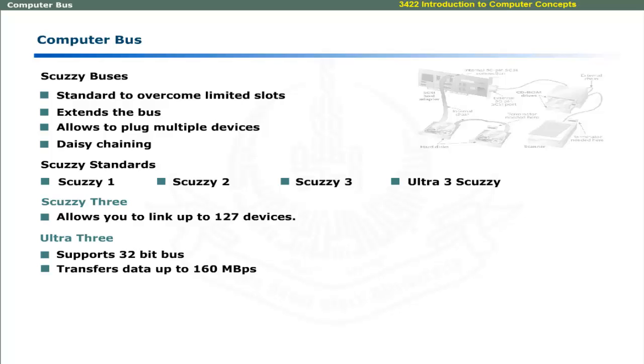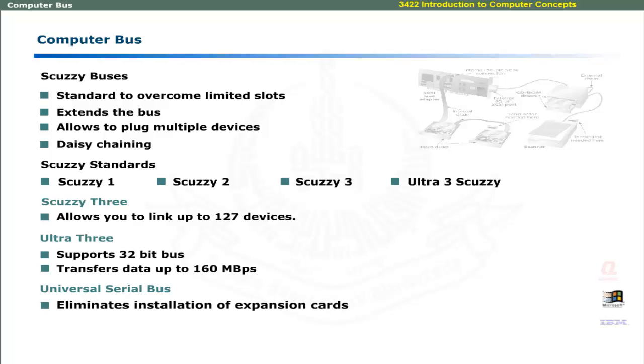The newest Ultra 3 SCSI standard supports 32-bit bus and can transfer data at a speed of up to 160 megabits per second. Another most modern bus standard introduced by Compaq, Microsoft, IBM and other industry leaders is Universal Serial Bus. Some features of USB are to eliminate the need for installing separate expansion cards, plug and play feature.